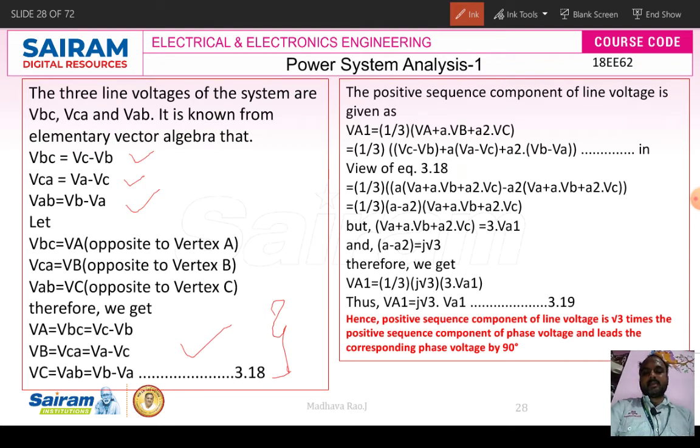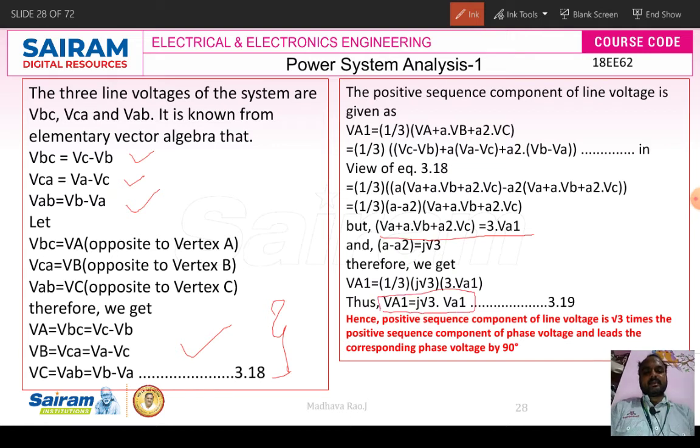Substitute VA plus VC minus VB, VB plus VA minus VC, and VC plus VB minus VA, and simplify. Finally, VA plus A VB plus A squared VC is equal to 3 into VA1. A minus A squared is equal to J root 3, so root 3 and 3 will cancel.